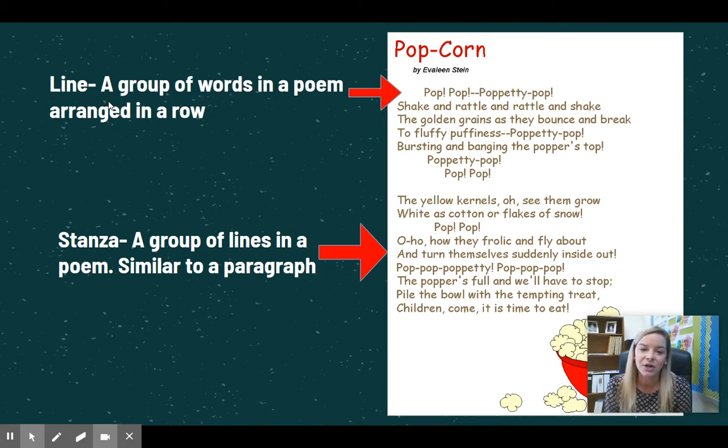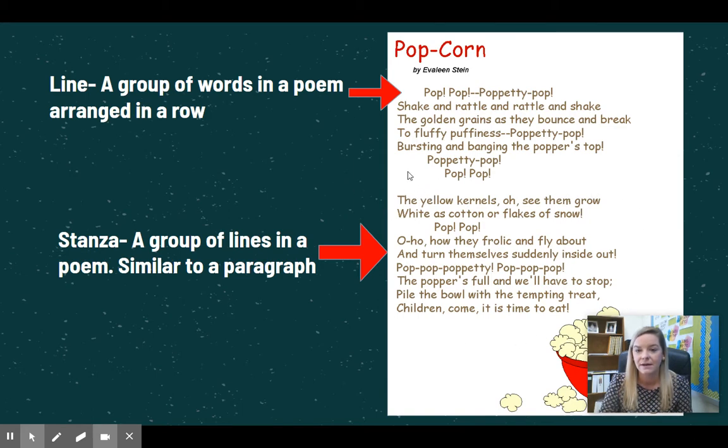The second term we need to keep in our minds is stanza. And a stanza is kind of like a paragraph. So that's going to be the group of lines in the poem. If you look at this poem, your first stanza is right here, and your second stanza is here.